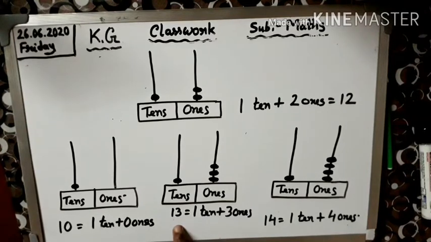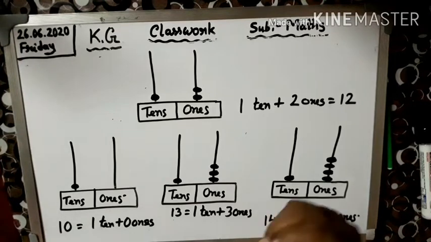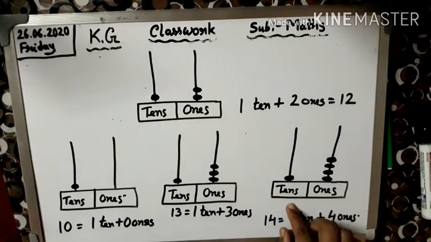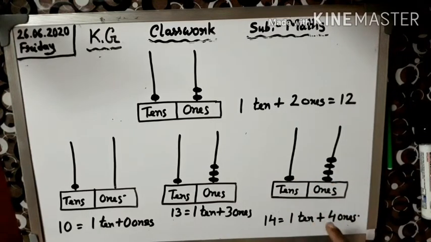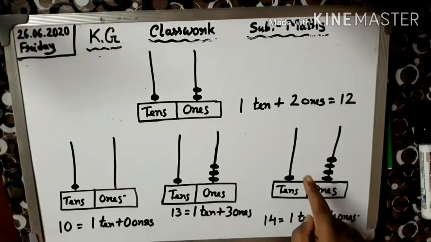Makes 13. 1 ten plus 3 ones is equal to 13. Next, 1 ten and 4 ones is equal to 14.